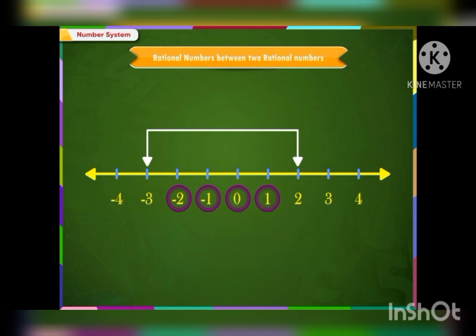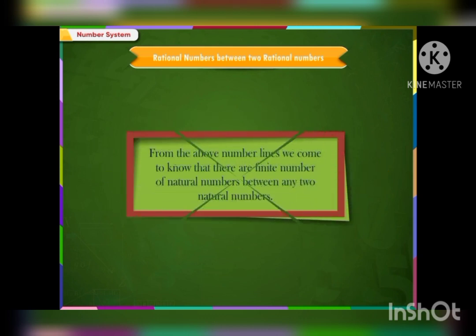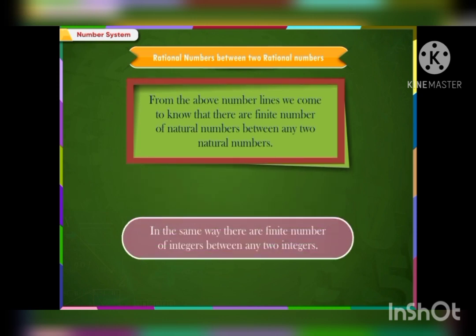From the number line, we come to know that there are a finite number of natural numbers between any two natural numbers. In the same way, there are a finite number of integers between any two integers.